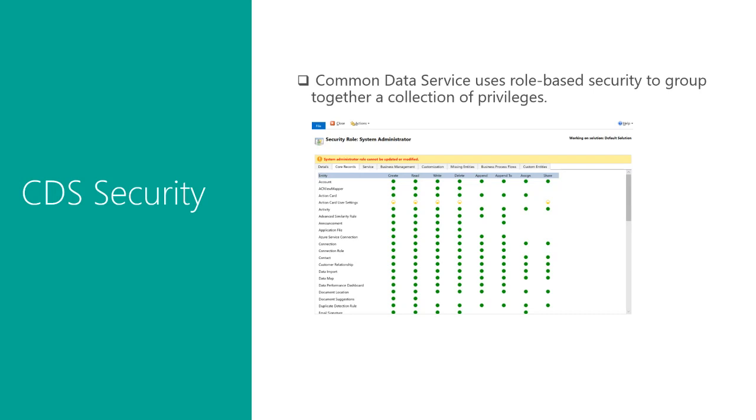If you see the entire green, that means the access level is given to all users, across all records of all organizations. If it's a deep access, then the access level is given to users of a particular business unit and its subordinate business units, or the child business units, if I use that word.